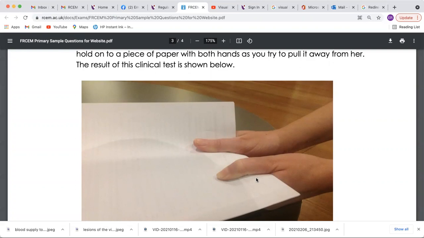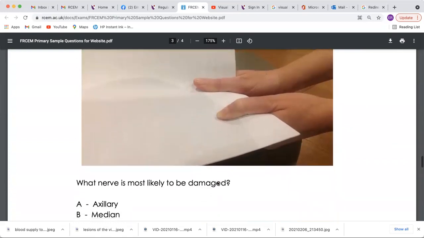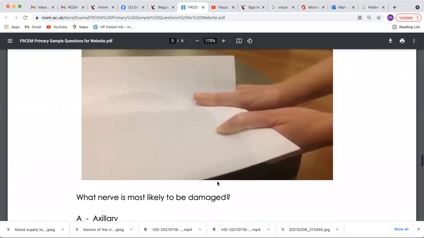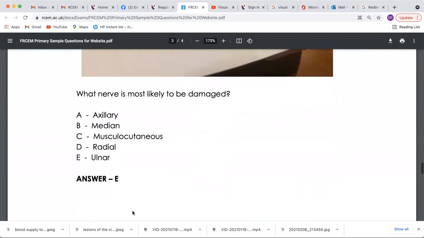Abduction of fingers is normally done by the interosseous muscles. The question is obviously what nerve is most likely to be damaged. The interosseous muscle is always supplied by the ulnar nerve. If you know this, the answer is straightforward. It's E, ulnar nerve. Right.